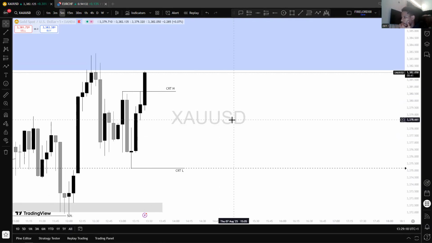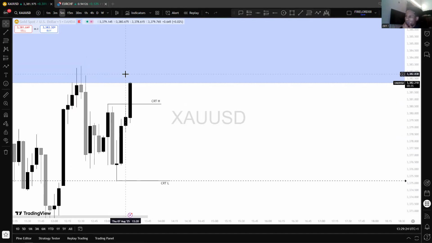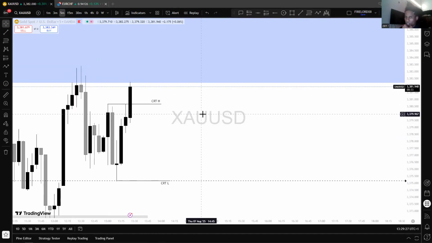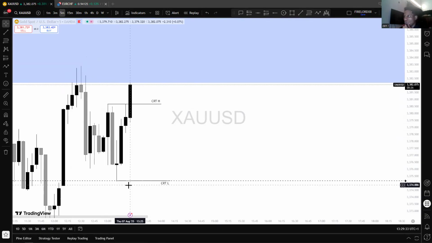All right, so as you can see, it's almost 1:30 and price might close above the high. So we wait for price to close either above the high or below the low. Let's wait, 20 seconds.